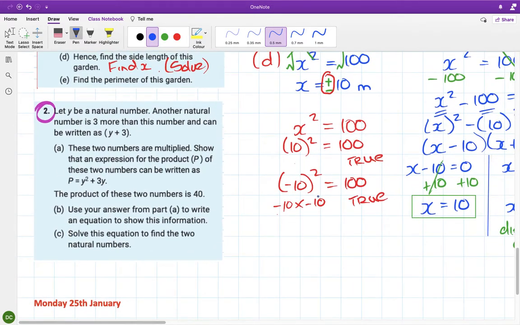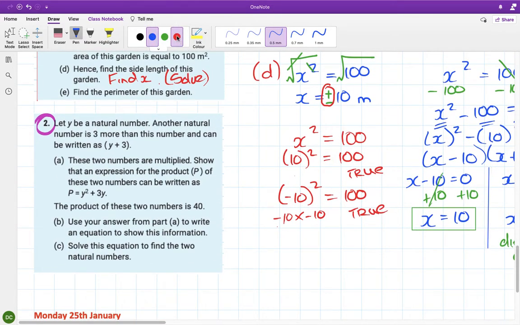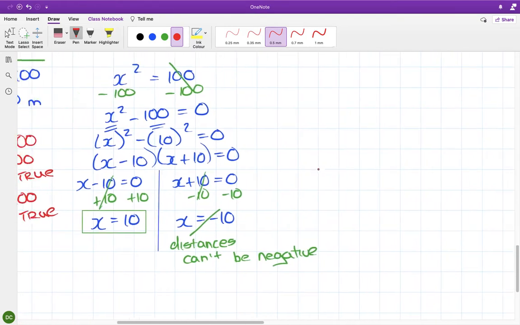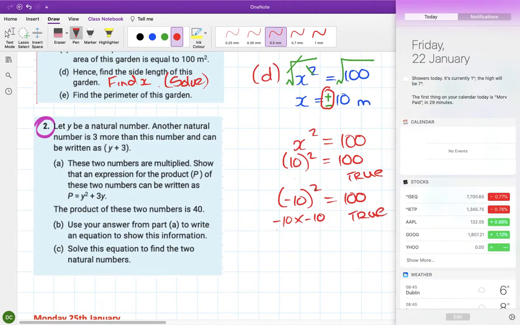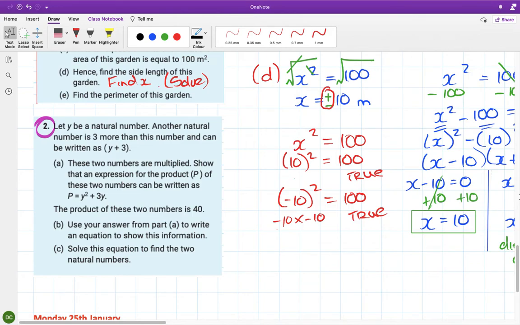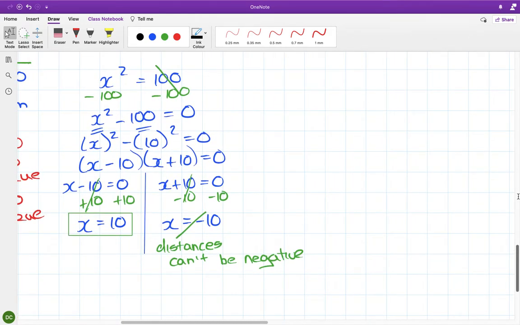Okay, the other one then. Let y be a natural number. Another natural number is 3 more than this number and can be written as y plus 3. So we might go over here, this is question 2.